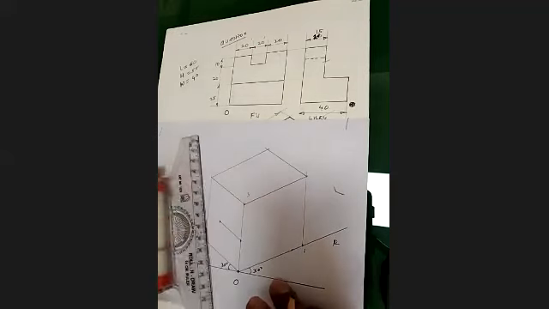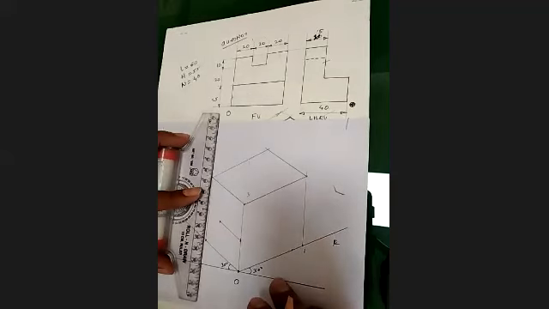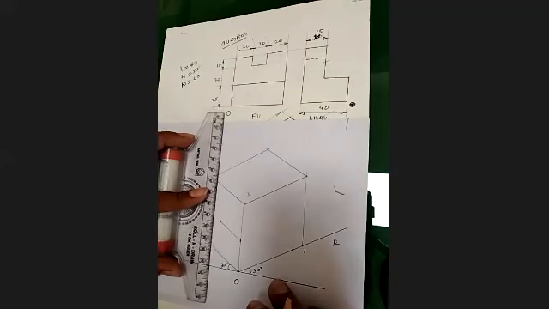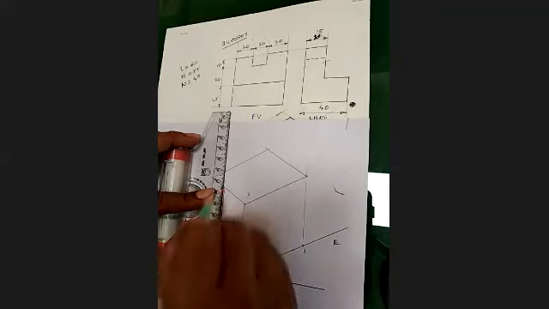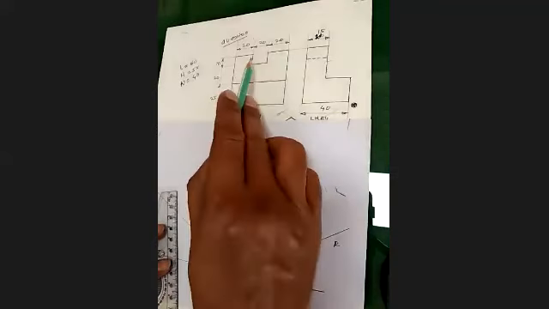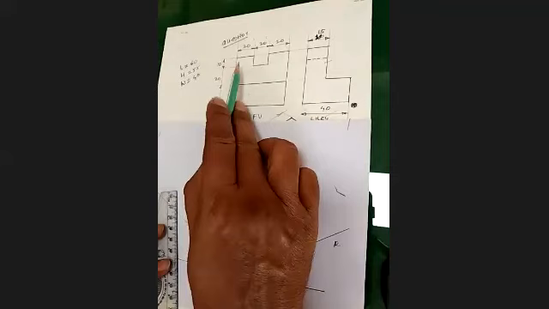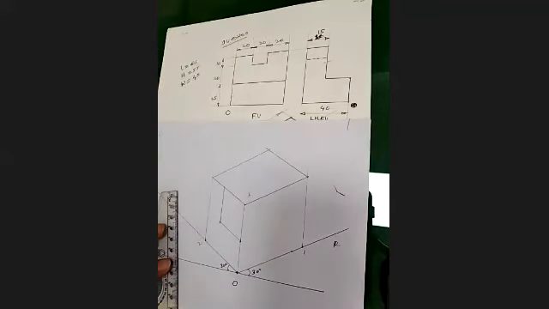Then from here I'm going to take this line. You know that this slot of 10 millimeter depth and 20 millimeter length will be within this 15 millimeter.